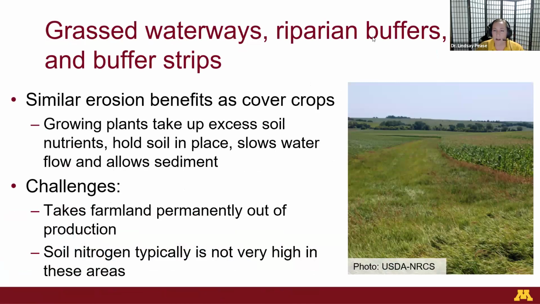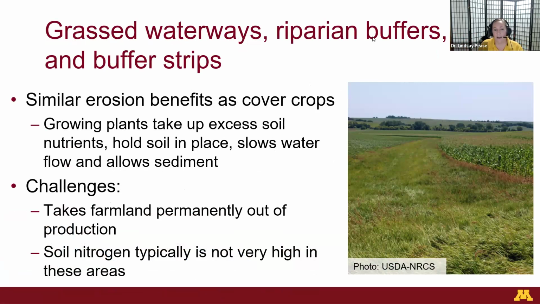Grass waterways and riparian buffers and buffer strips are another thing, especially in Minnesota, that get a lot of attention. In Iowa, we actually have a buffer law that was passed in the state of Minnesota that required a little bit more space between the edge of the field and a waterway. And this again helps to hold soil in place, slowing water down, just like those benefits of cover crops.